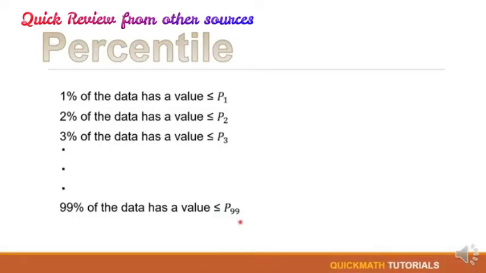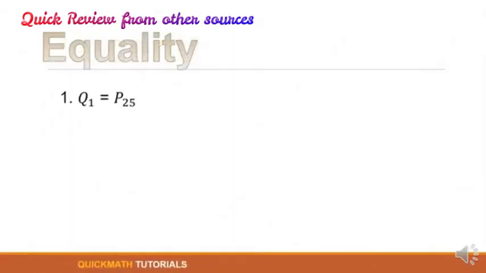So remember, if we are talking about percentiles, we have P sub 1, P sub 2, P sub 3 up to P sub 99. And its corresponding percentages are 1%, 2%, 3% up to 99%. Now we have the first quartile is just equal to the 25th percentile.